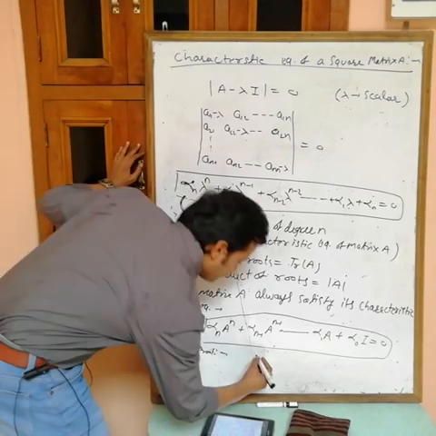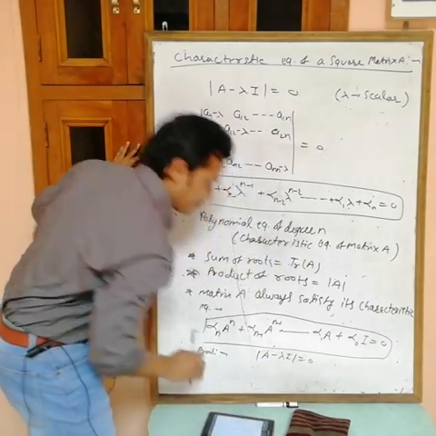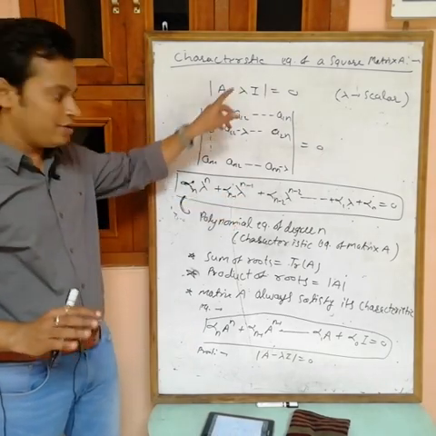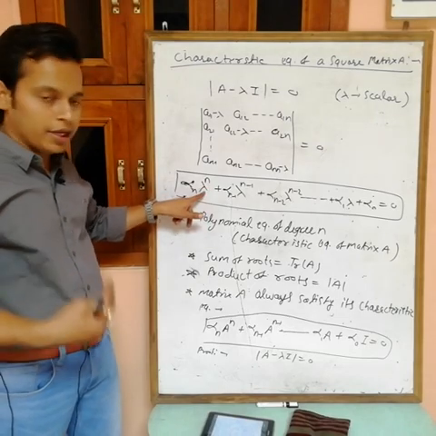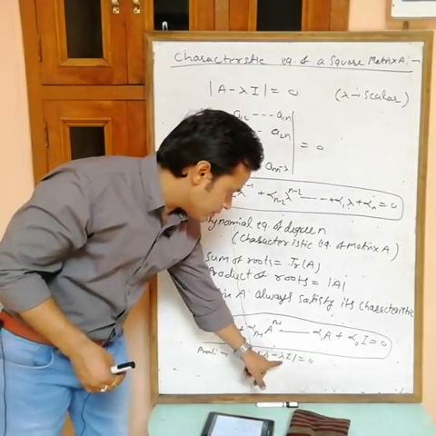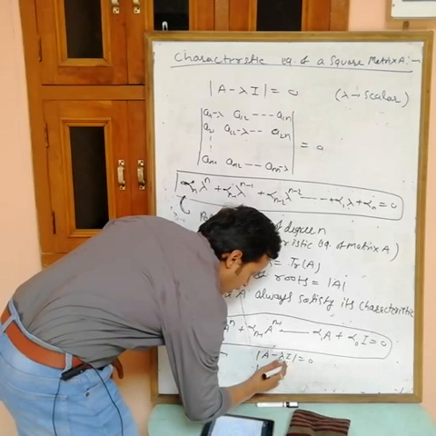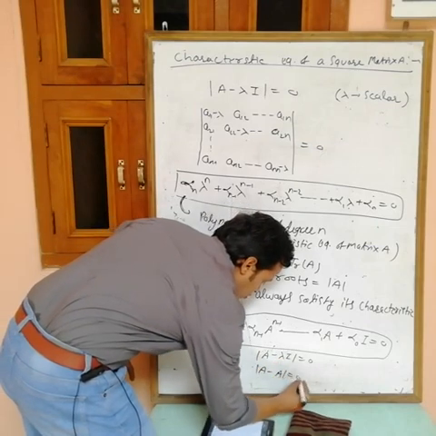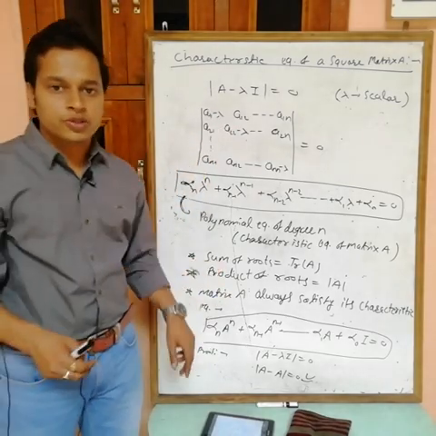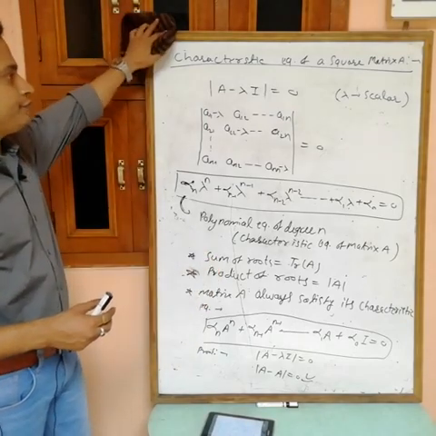Here we have determinant of A minus lambda I equals to 0, and this is the characteristic equation. Now we are replacing lambda with A. If you replace lambda with A, what do we get? Determinant of A minus A into I, that is A, equals to 0. And obviously this is true, because the determinant of a null matrix is always equal to 0. It means it is satisfied. Okay, write down. Done.